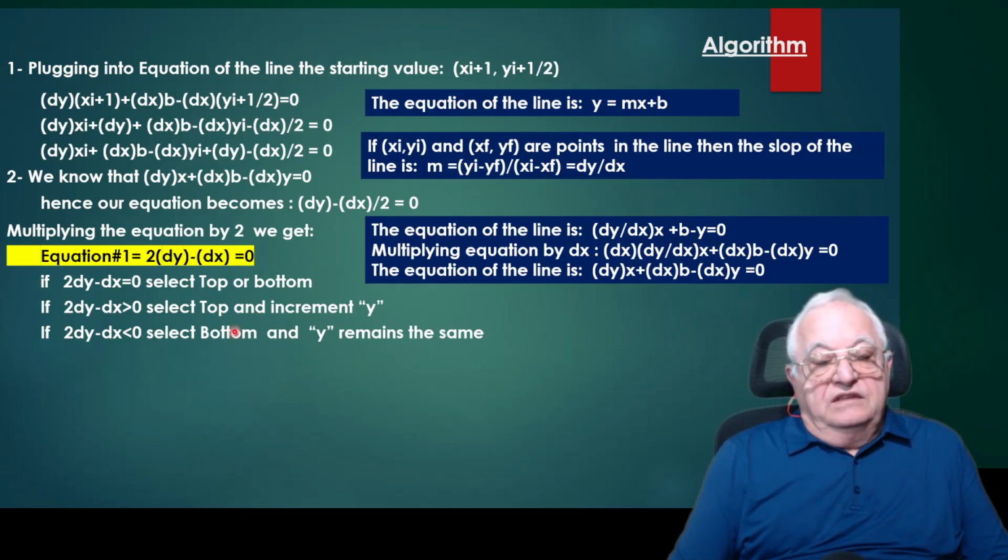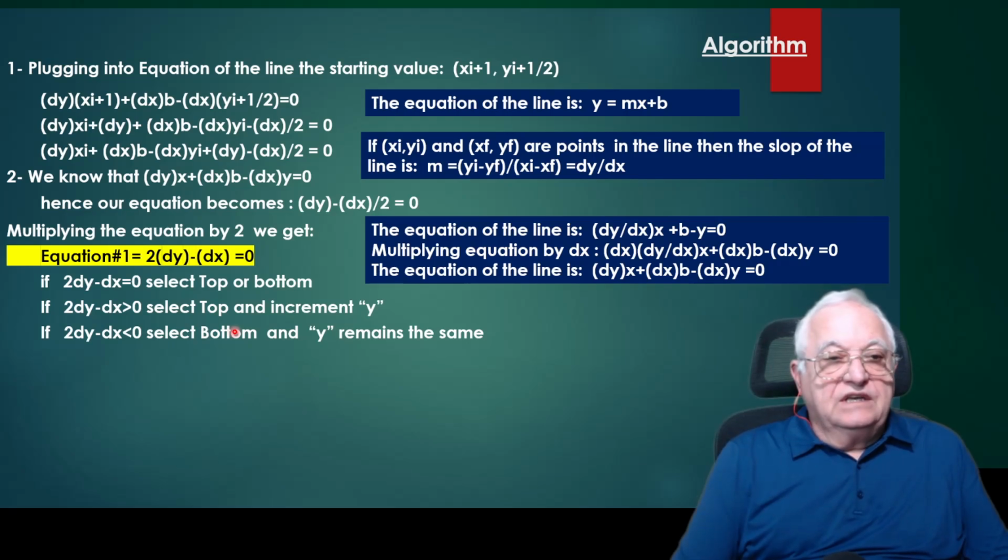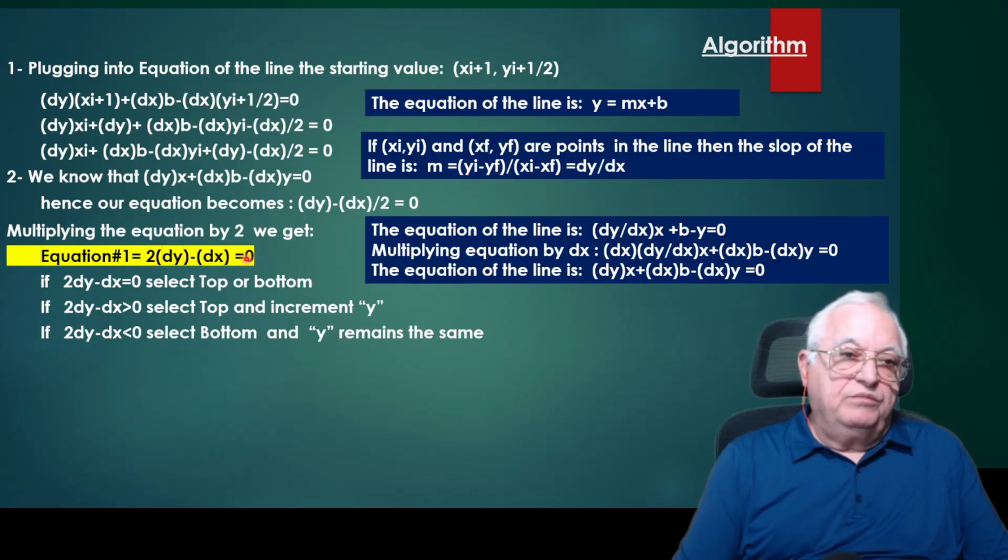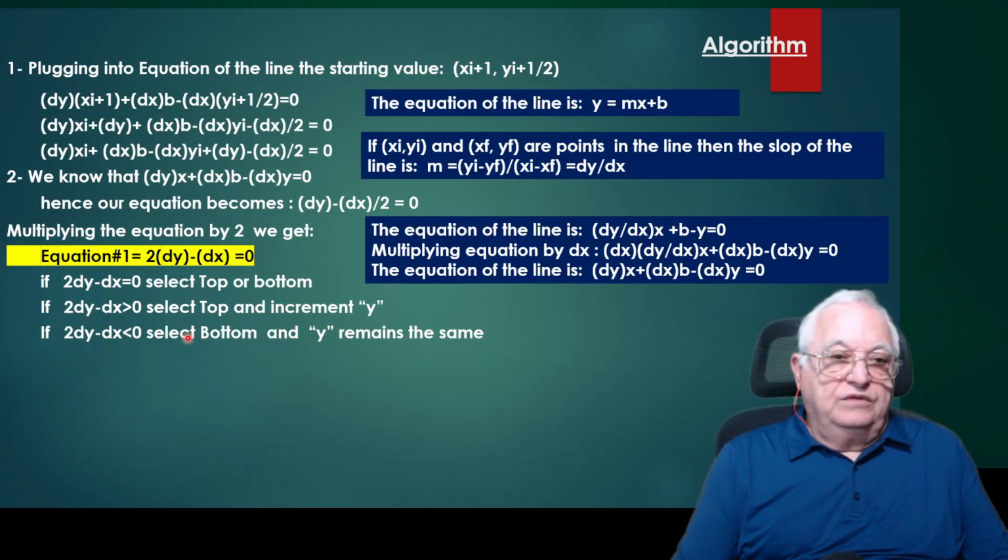So the first thing I do when I need to draw the line is select my initial pixel and light it up, and then I can plug my numbers into this equation to see what I need to do next.